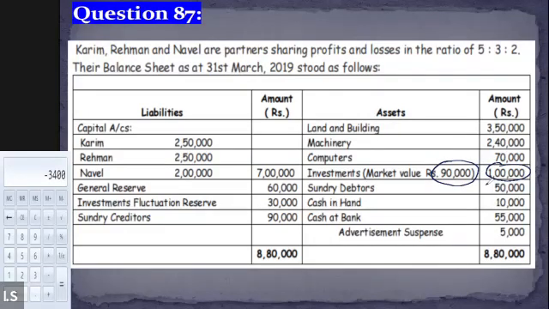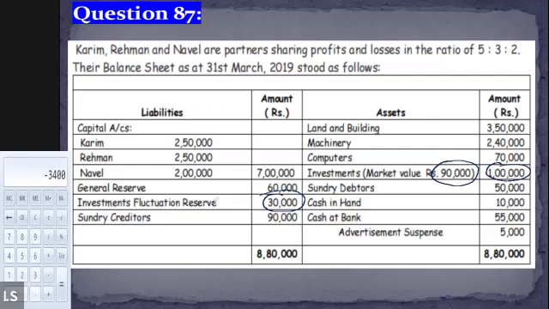So clearly, the question is telling us that there is a reduction in the market value of the investment, and for the investment fluctuation, we have already made a reserve of 30,000. We already anticipated that the investment may go down up to 30,000. Therefore, we already prepared an investment fluctuation reserve earlier.